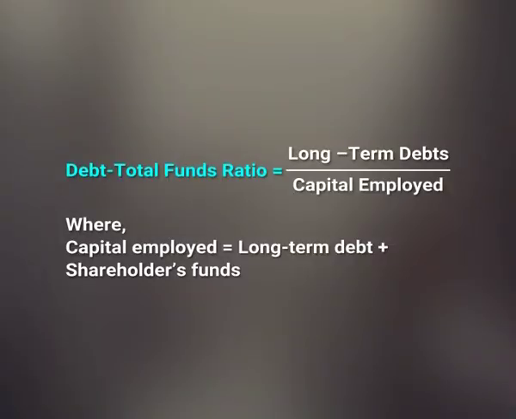The higher the total debt ratio, the more risky is the situation, because all liabilities are to be repaid sooner or later. Moreover, higher liabilities imply greater financial risk also. It is calculated as debt to total funds ratio is equal to long-term debts divided by capital employed, where capital employed is equal to long-term debt plus shareholders' funds.